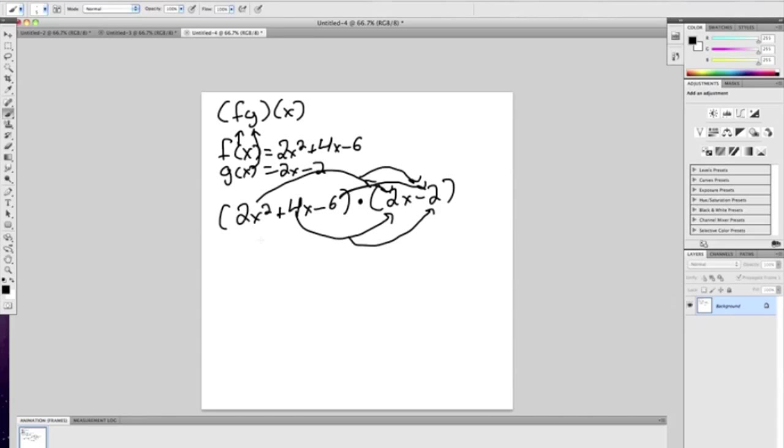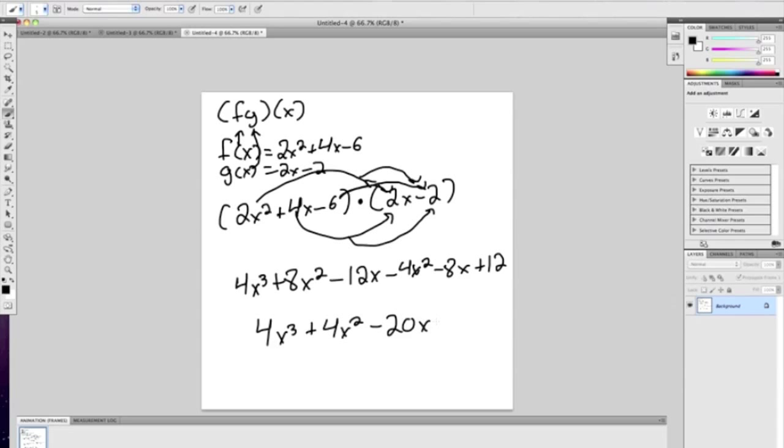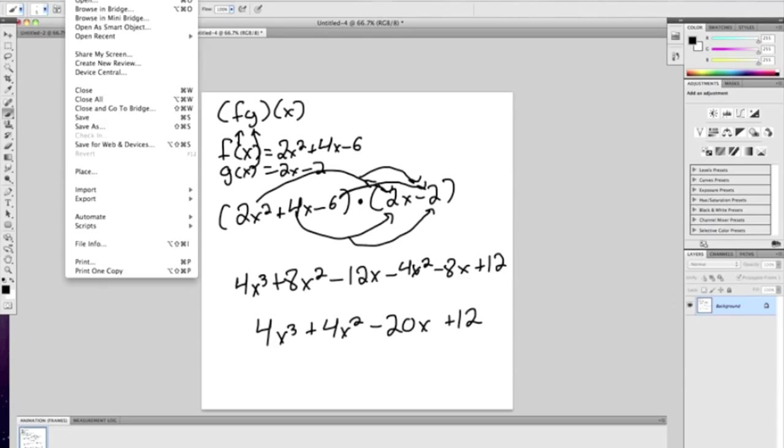Once you distribute it, you would get... now you would just need to combine like terms, which would give you... alright, and that's all. Now we're going to move on to division.